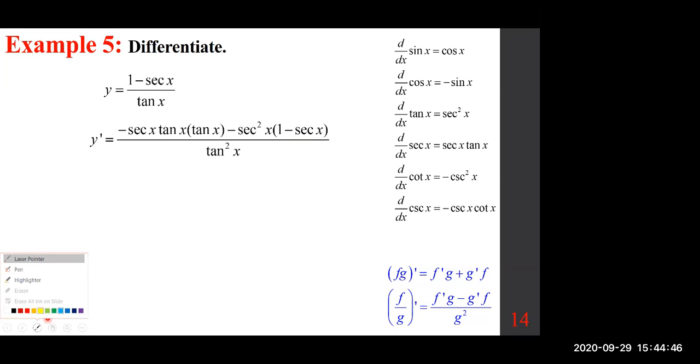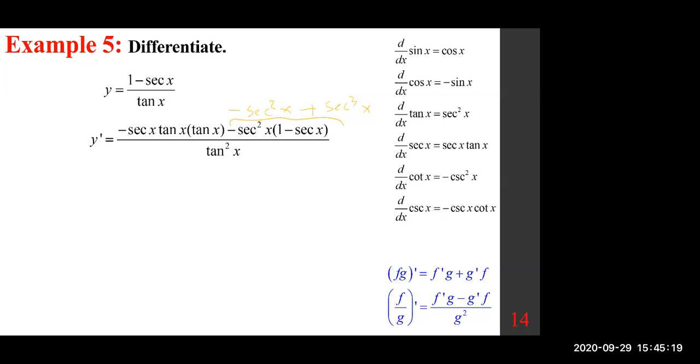If it helps, you can write this portion as minus secant squared plus secant cubed, or secant cubed minus secant squared, anyways.